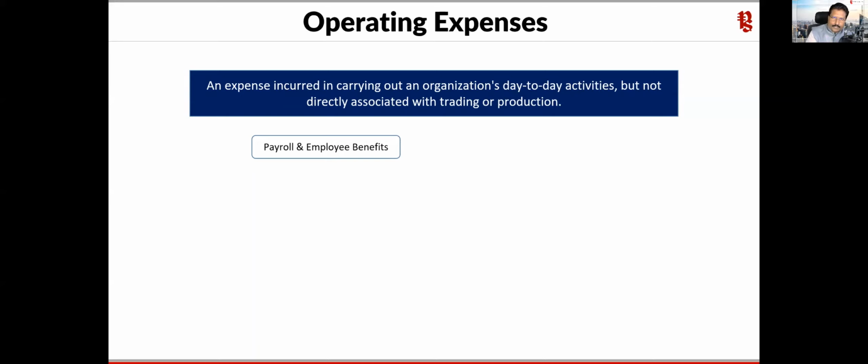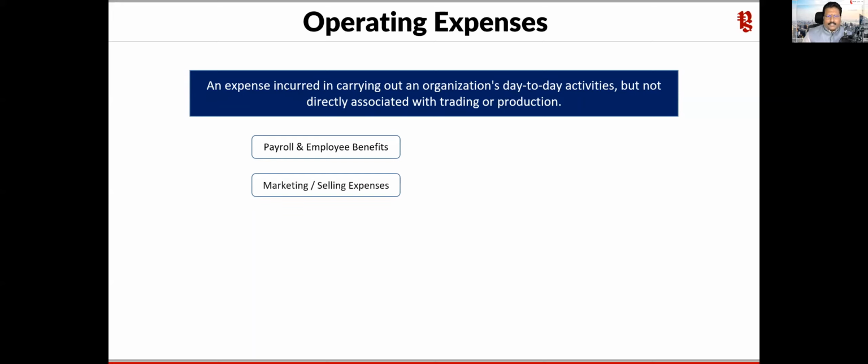Similarly, in the case of ESI, wherever it is applicable, for whichever group or type of employees, there is a percentage of the amount which the employer needs to contribute towards the insurance scheme. That again forms part of the expenses. So all expenses related to employees or payroll get covered broadly under payroll and employee benefit expenses.